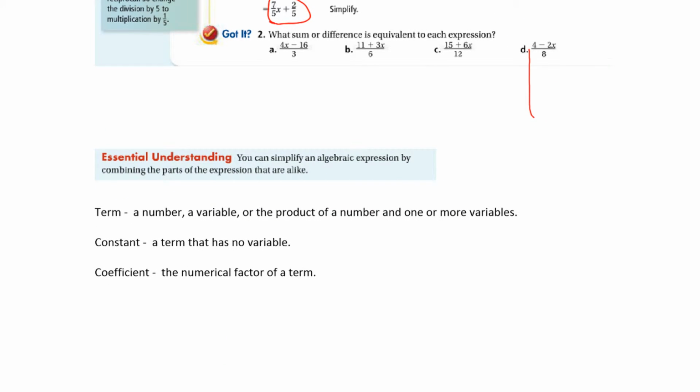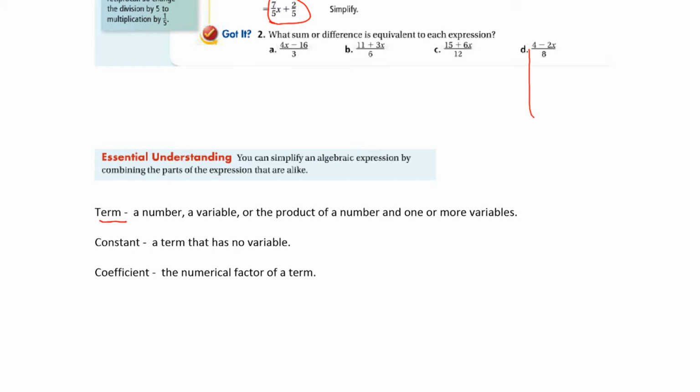Now we have a couple of vocabulary words we need to look at. It says you can simplify an algebraic expression by combining the parts of the expression that are alike. So we need to make sure we're clear on what these terms actually mean. A term is a number, a variable, or the product of a number and one or more variables.